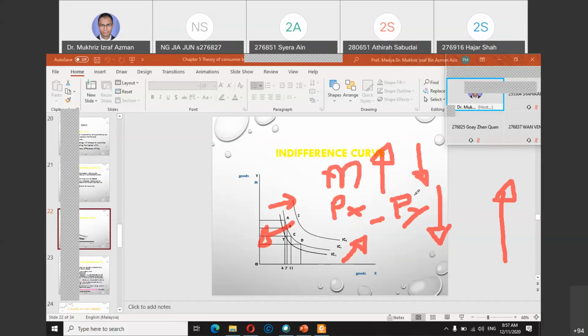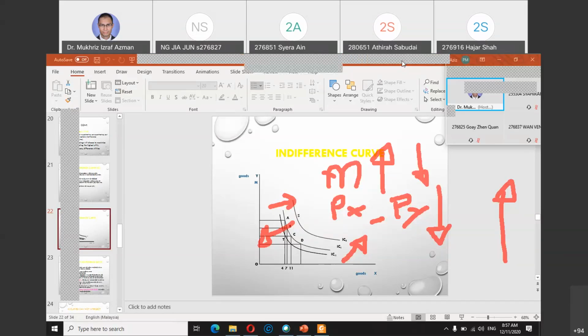So it's the opposite direction. It goes upward if income increases and the price of good X and good Y drops, or it can go backward or drop, your TU, your total utility decreases, when the income drops or the price of X and Y increase.